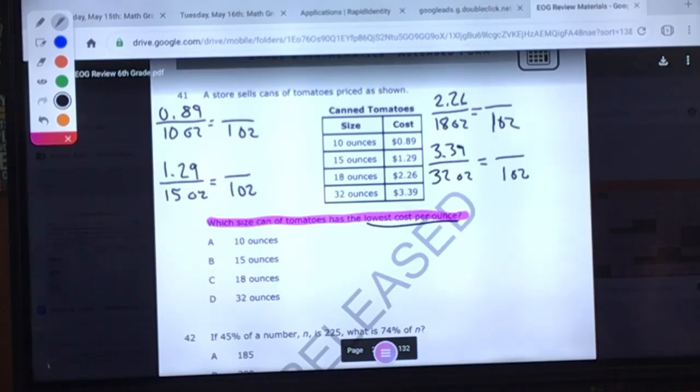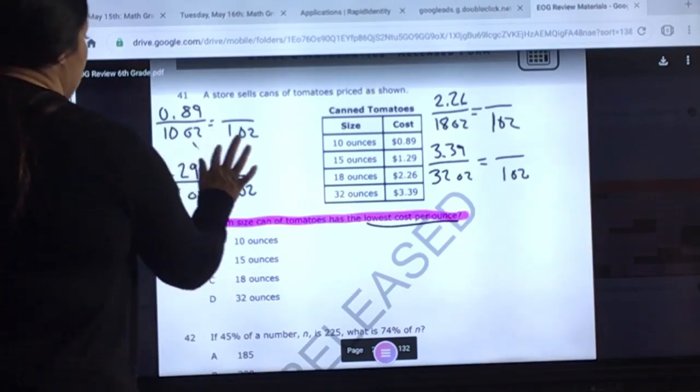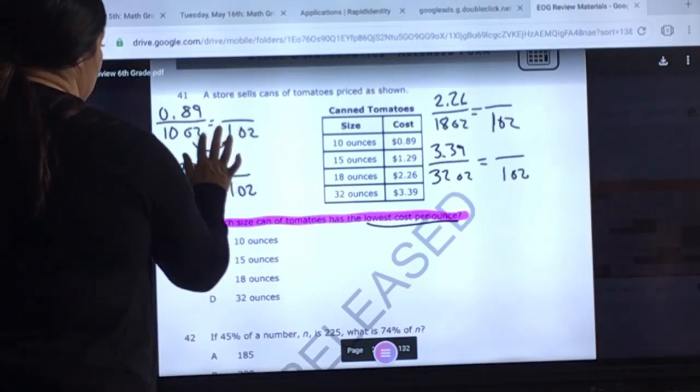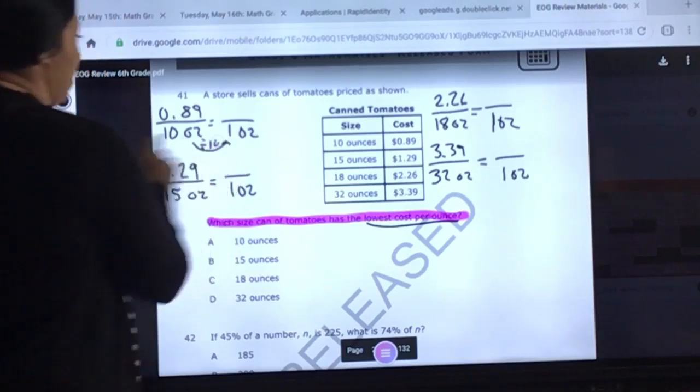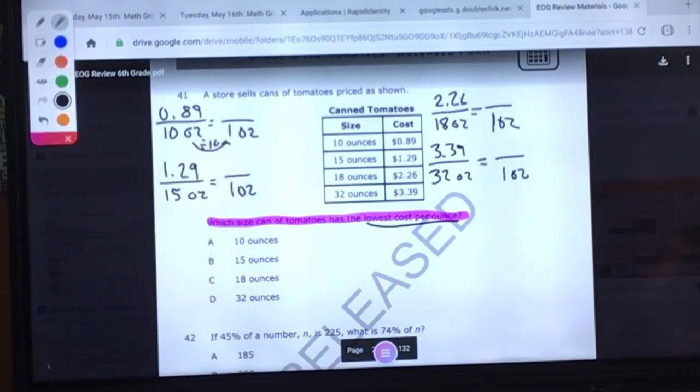Guys, this should not be taking this long with the fact that I set it up for you and you have a calculator. I understand you have to show the work, but showing the work at this point is saying, I'm going to divide by 10, punch in 0.89 divided by 10, and write my answer.